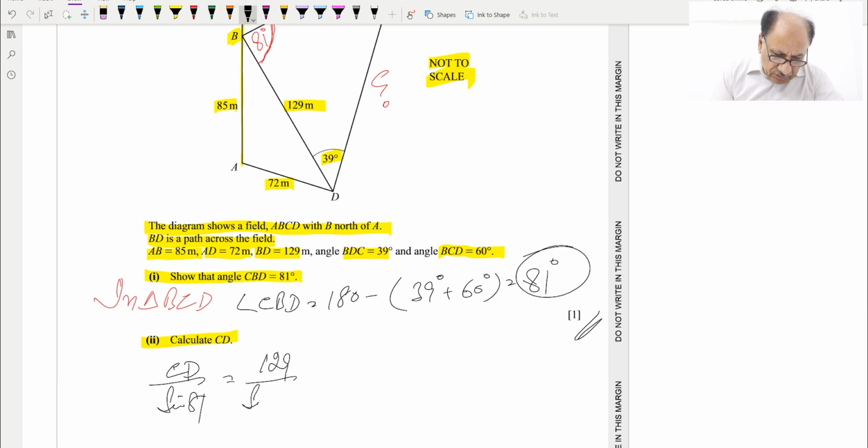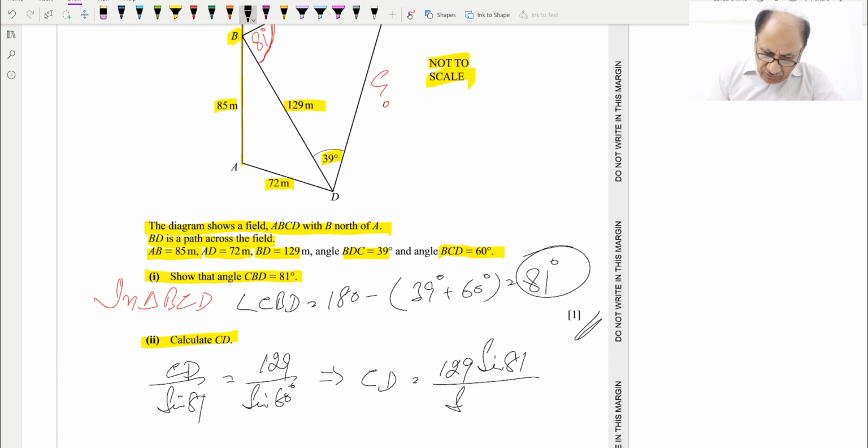This implies CD is equal to 129 sine of 81 over sine of 60 degrees, and this value we can calculate.